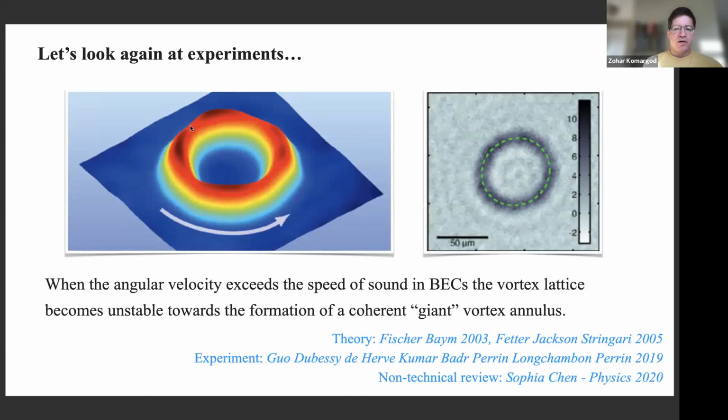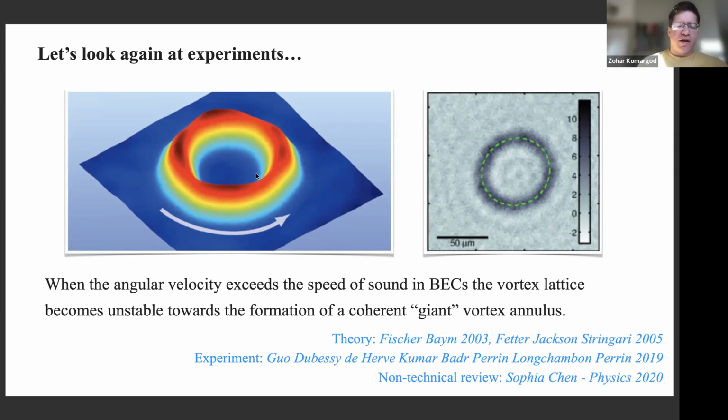you guys probably know, recently people found a new phase for a rotating superfluid in a trap, which is called the giant vortex. It's a very interesting new phase where the superfluid does not extend throughout the trap, but it's basically localized to a strip.